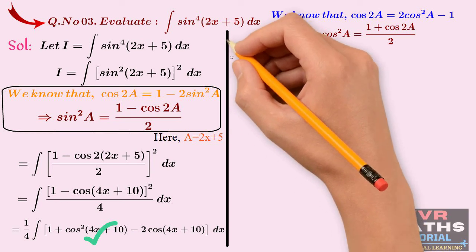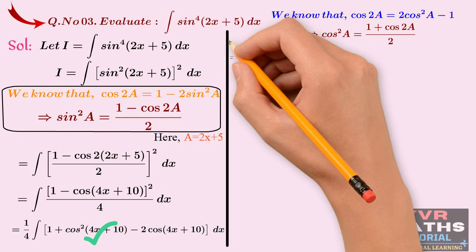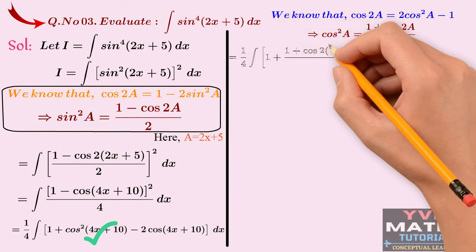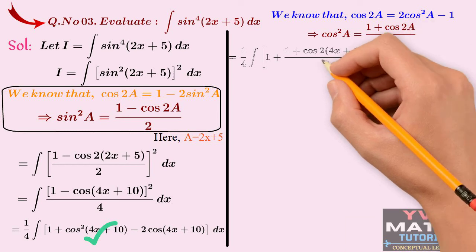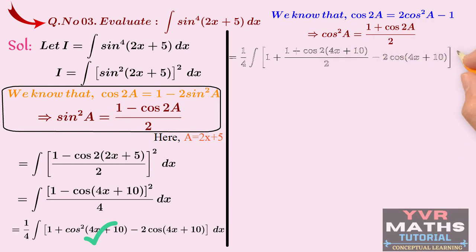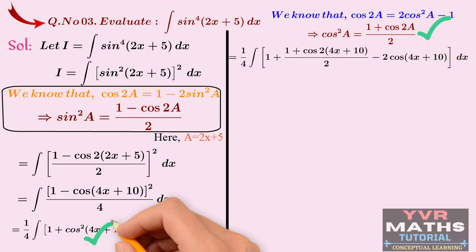See here in the next step, 1 by 4 into integral 1 plus cos of 2 times of 4x plus 10 by 2 minus 2 times of cos of 4x plus 10 dx. By using this formula, this term I wrote like this.